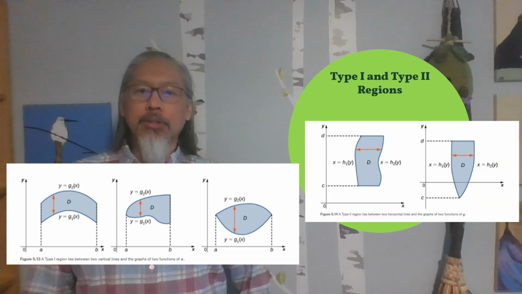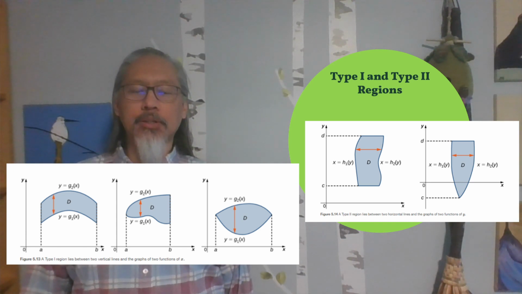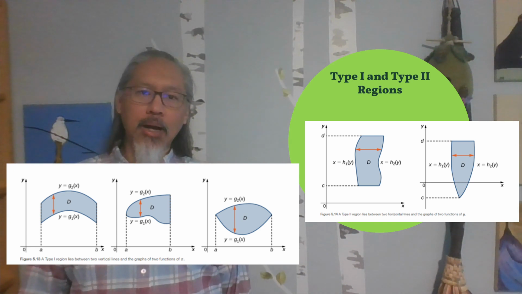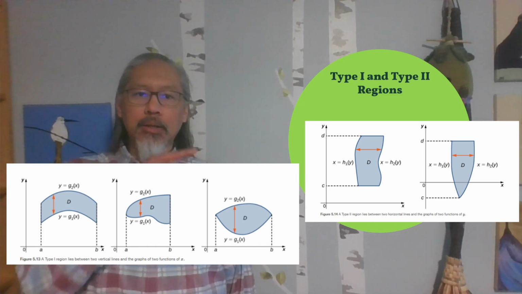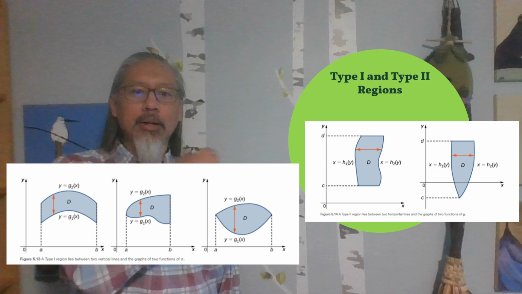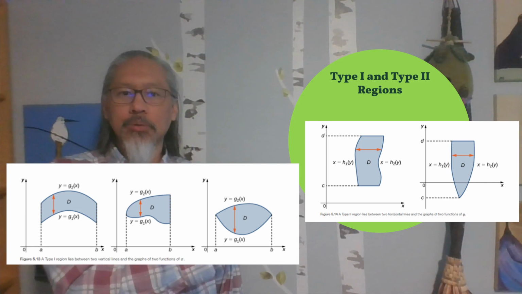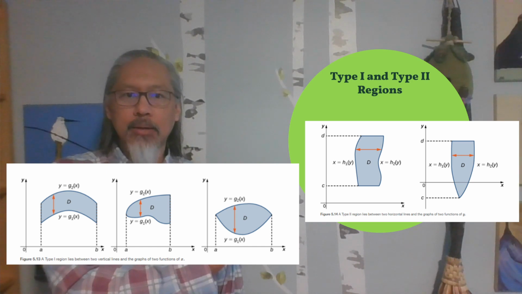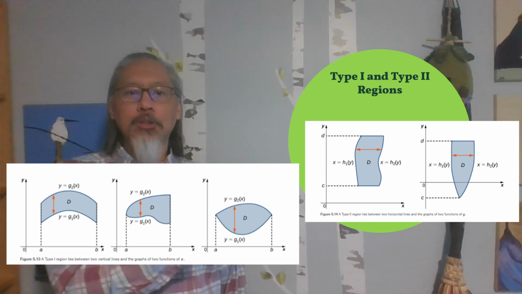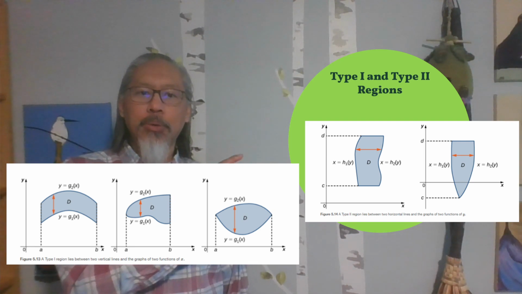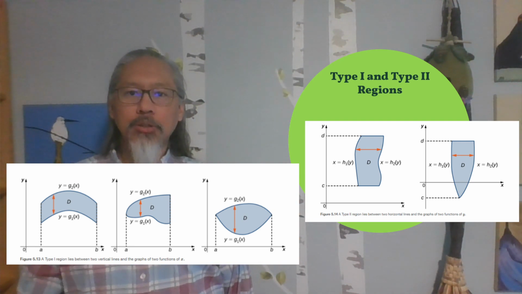A type 2 region is just going the opposite way. So we would integrate with respect to x first, and we would think about a line parallel to the x-axis, and we would imagine as we go through that line we would hit the region at x equal to h1 of y, and then it'll be in the region until you get out at x equal to h2 of y.